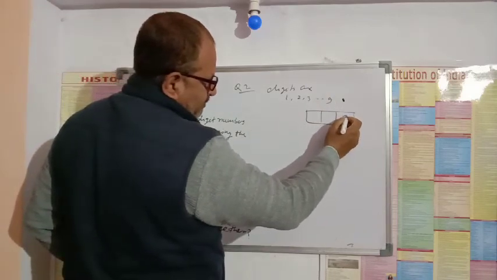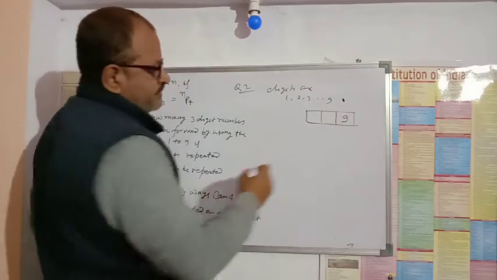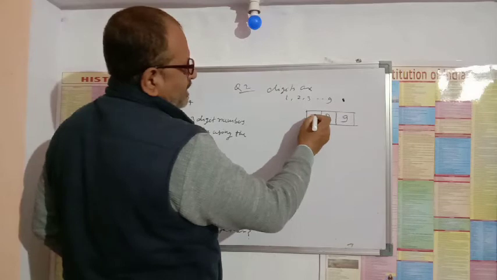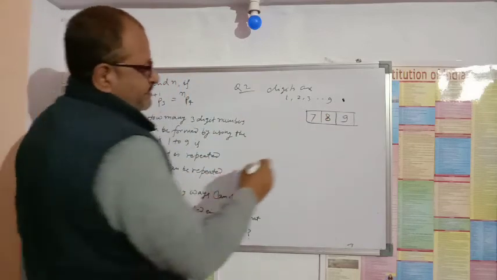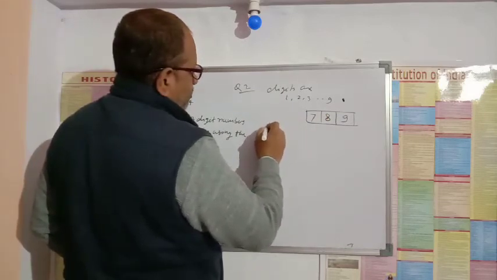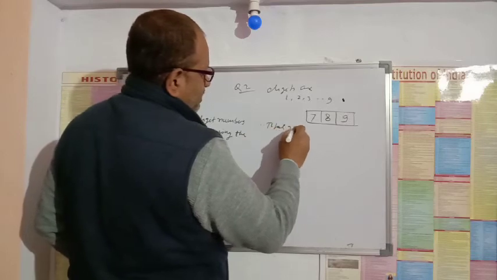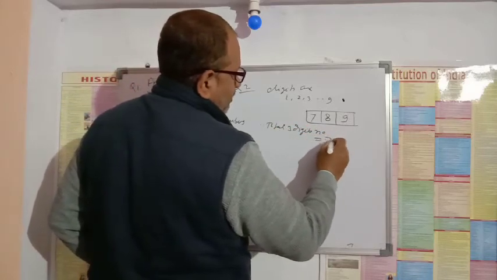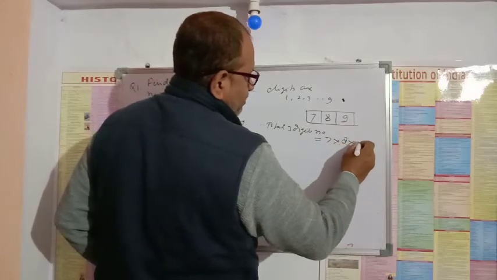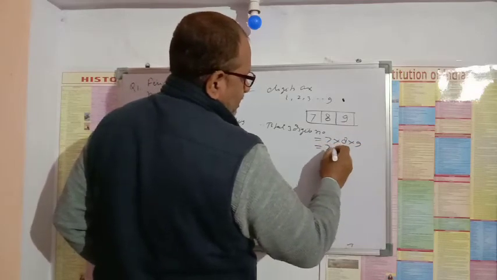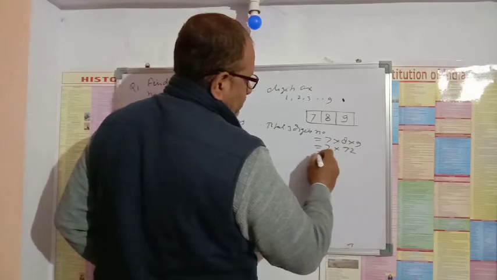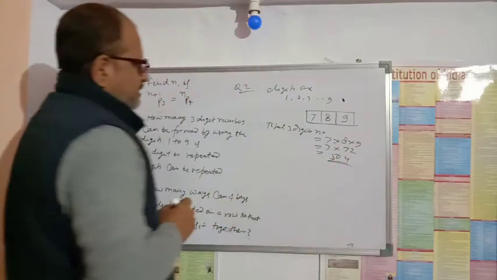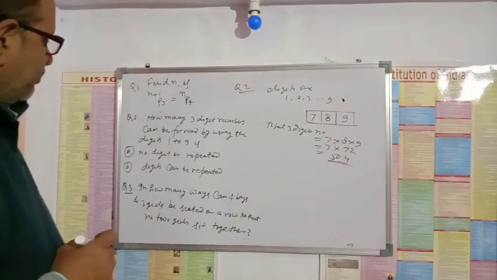Unit place can be filled in 9 ways, then tens place in 8 ways, hundreds place in 7 ways. So the total number of 3-digit numbers will be 7 into 8 into 9. 9 times 8 is 72, 72 times 7 is 504.